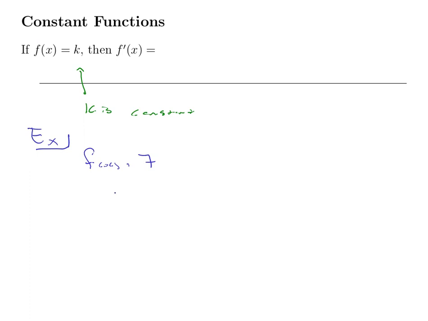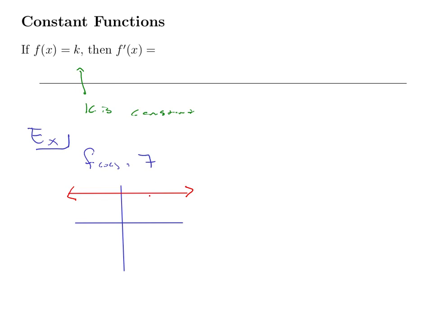And what I want to do is draw a picture of what this is. So if this is our graph, we'll call the red our actual function. Constant functions just look like horizontal lines, like this. So this would be our function, f of x equals 7.